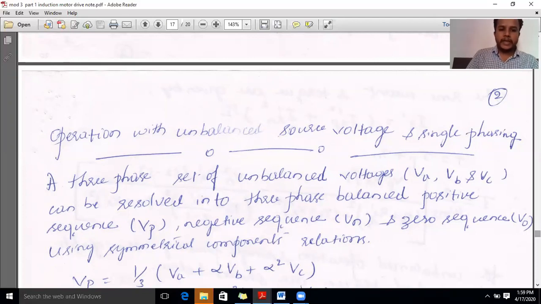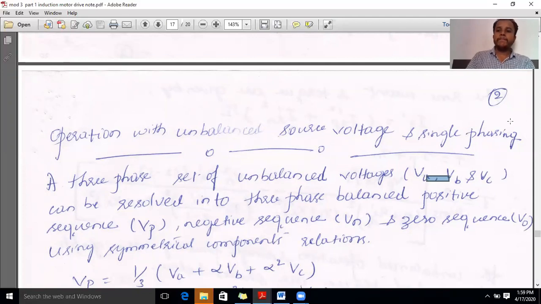Whatever the V_A, V_B, and V_C voltages are, these are the unbalanced voltages, and they are split into their positive, negative, and zero sequence components.